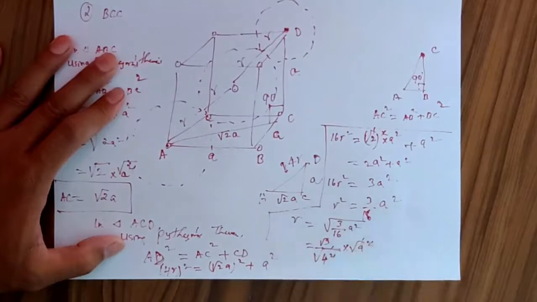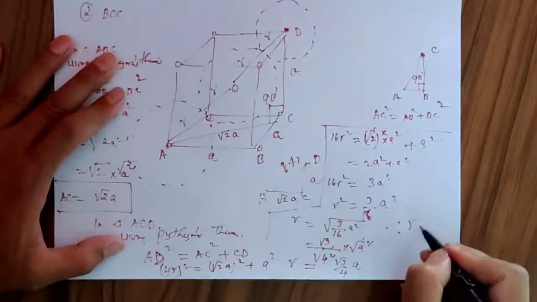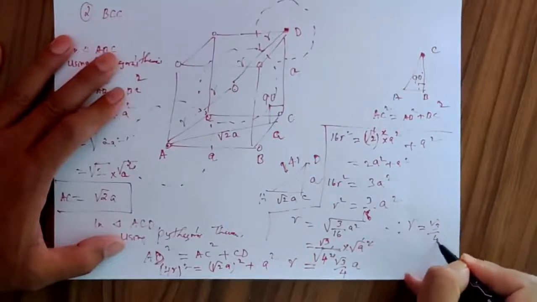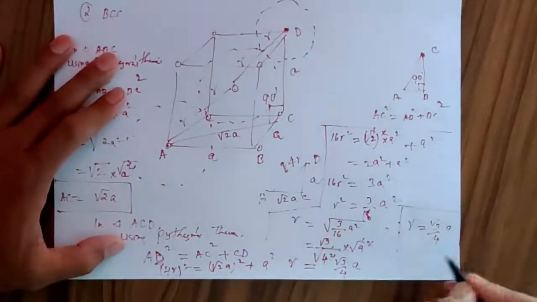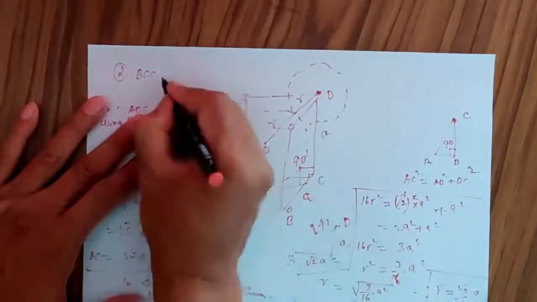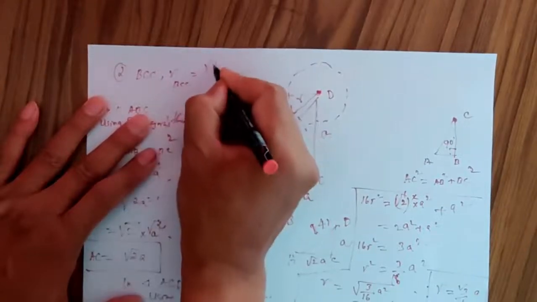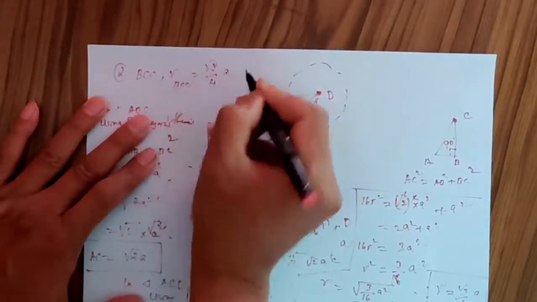So finally R is equal to root 3 by 4 A. So the atomic radius for BCC is root 3 by 4 A.